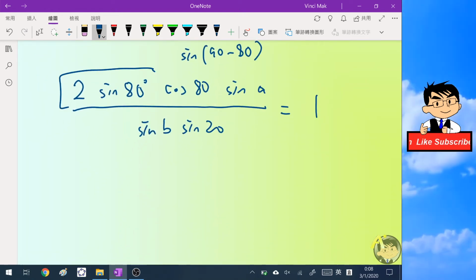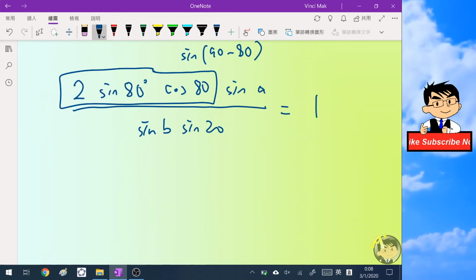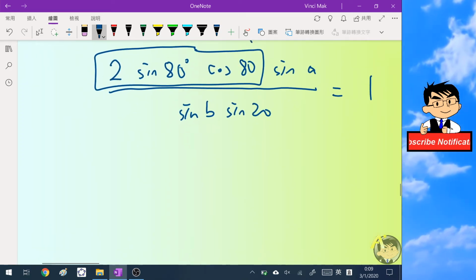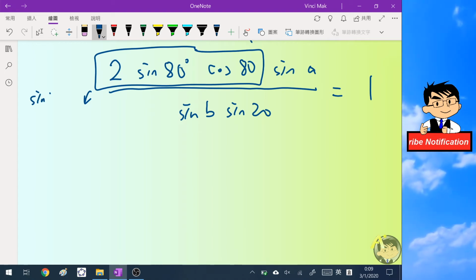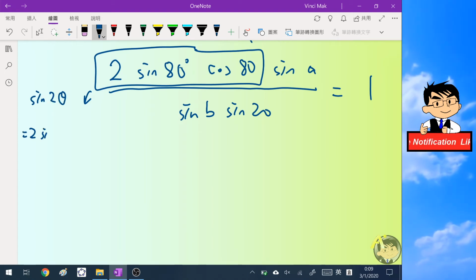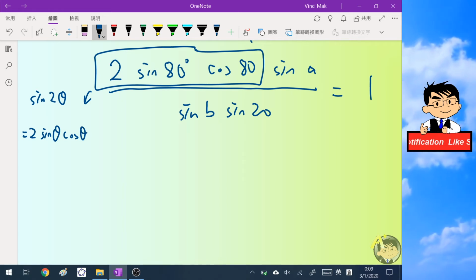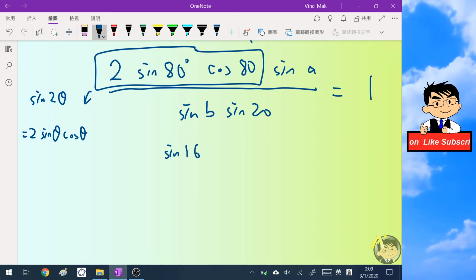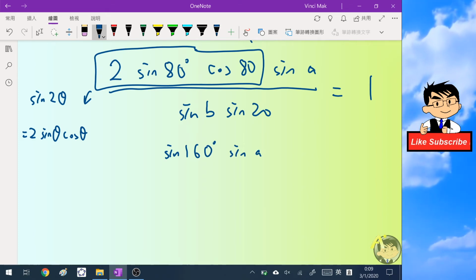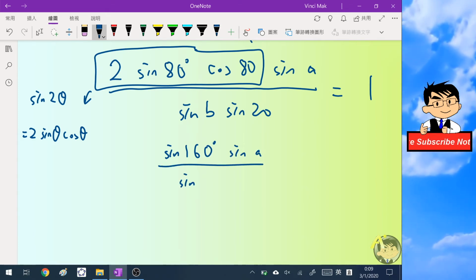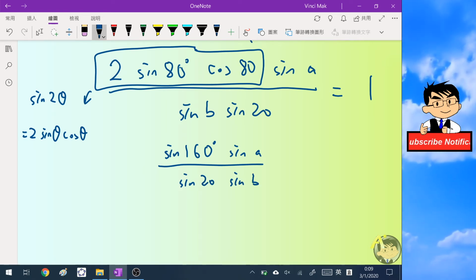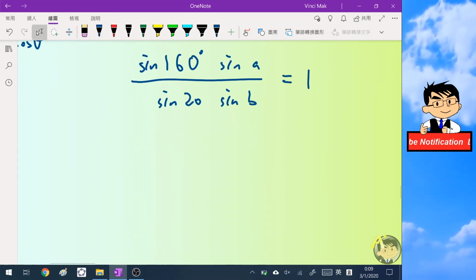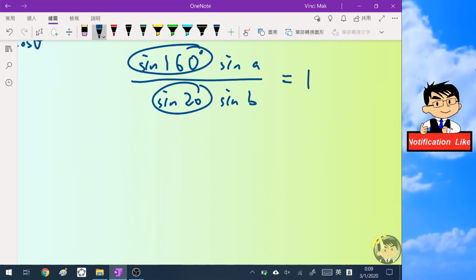I also noticed that this expression is very similar to the double angle formula for sine. We know that sine 2 theta is equal to 2 sine theta cosine theta. So we can write it as sine 160 degrees multiplied by sine A over sine 20 times sine B, and it's equal to 1. Further notice that these two angles are related.